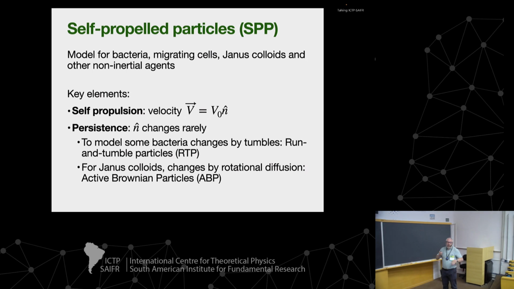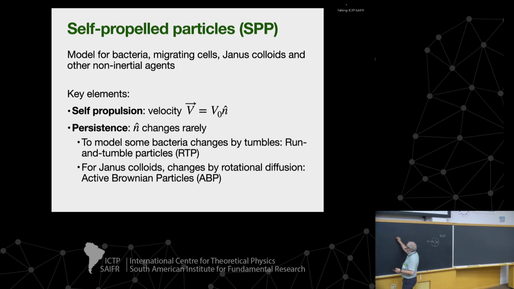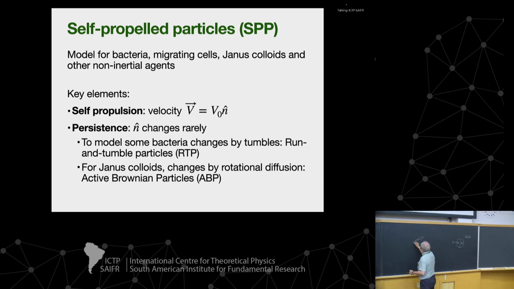And there are two limiting cases to model how the director changes. Either you can say that the director changes by tumbles, like bacteria: you have one swimmer moving in this direction, and then it changes direction and moves again in that other direction.